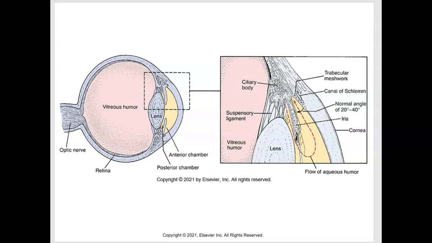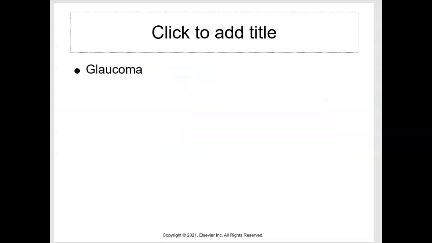There are three main classes: the beta adrenergic blocking agents, beta blockers, alpha 2 adrenergic agonists, and then prostaglandin analogs. We do have some options with cholinergic drugs and the carbonic anhydrase inhibitors, but those are second line choices. So your first line choices are beta blockers, alpha 2 adrenergic agonists, and prostaglandin analogs.